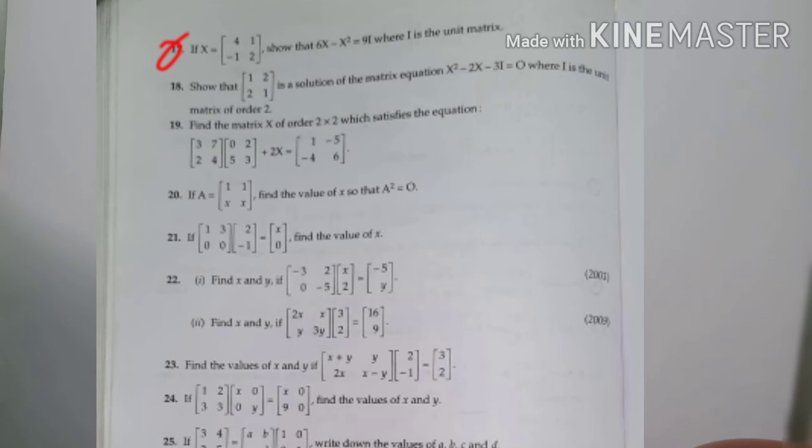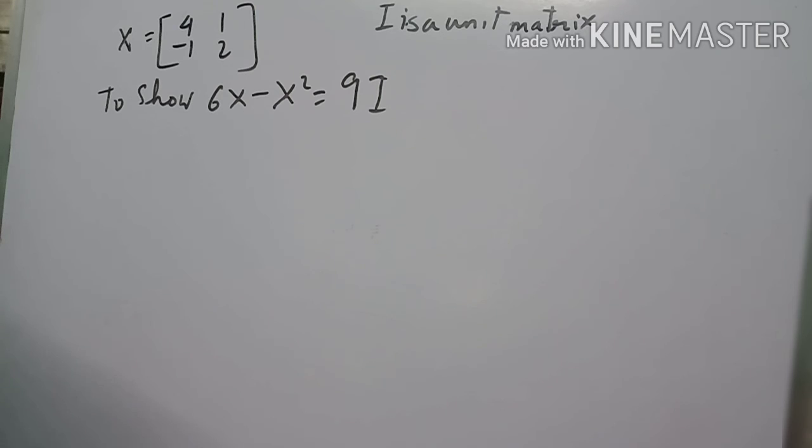Okay, the next question is: if X equals 4, 1, minus 1, 2, show that 6X minus X square equals 9I. We have to show that we are getting 9I or not. That I is the unit matrix. So the question is, we need to show that 6X minus X square equals 9I, where I is the unit matrix.